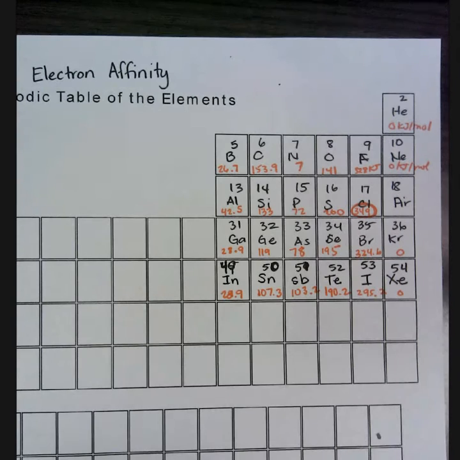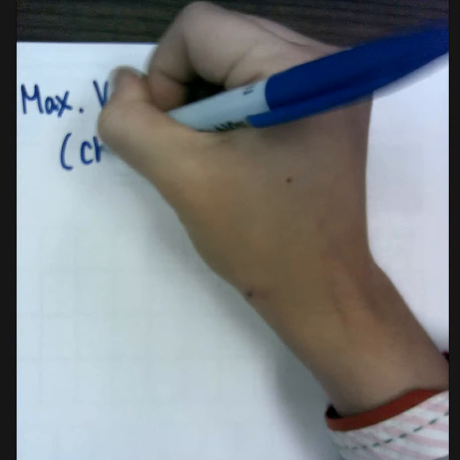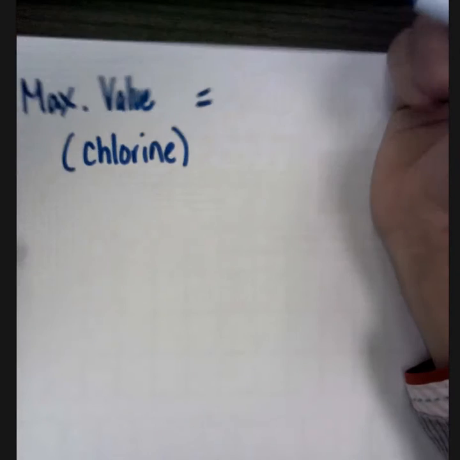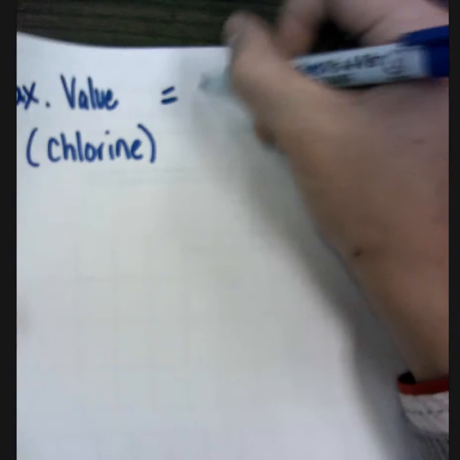So then what we're going to do is the following. I'm going to go step by step so you can see and understand what you need. Our maximum value comes from chlorine with a value of 349.